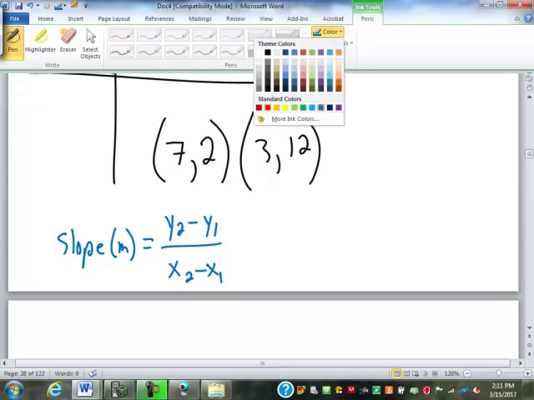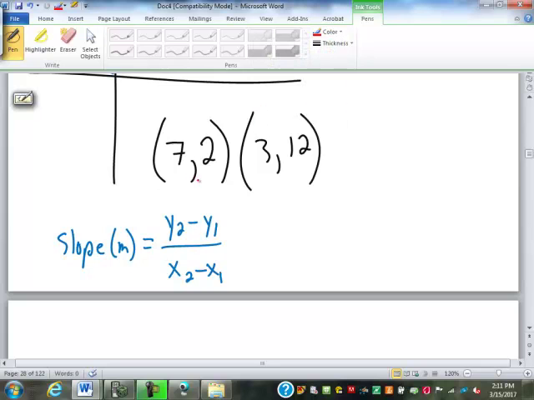Now, if you're wondering what y2 and y1 are, think of these as point 1 and point 2. y2 is the y-coordinate of point 2. So here's point 2, the y-coordinate is 12. Minus y1, we go to point 1, and the y-coordinate is 2.